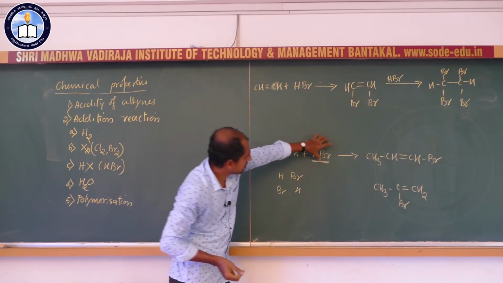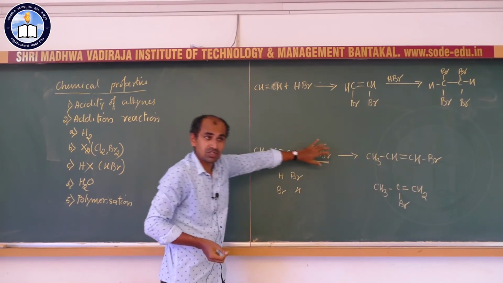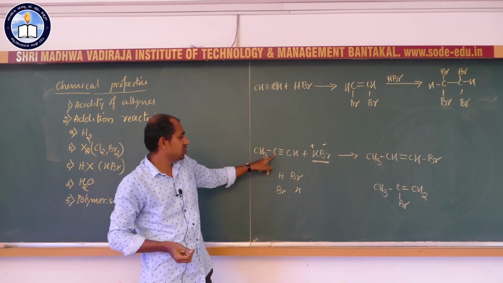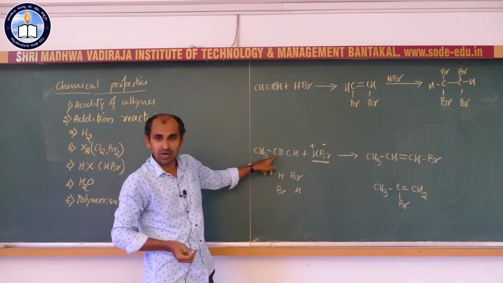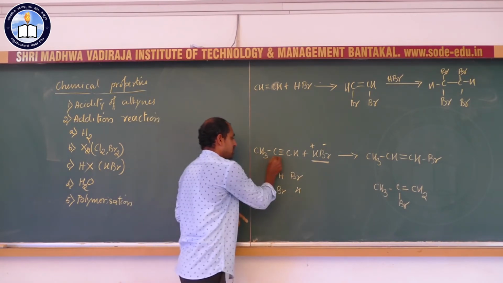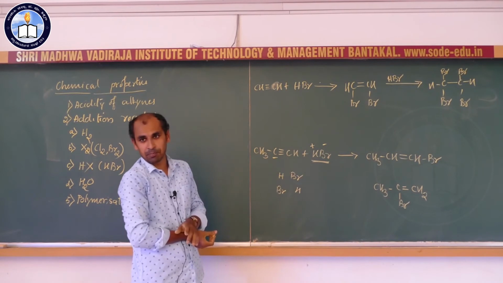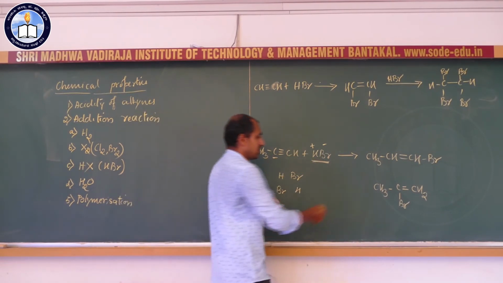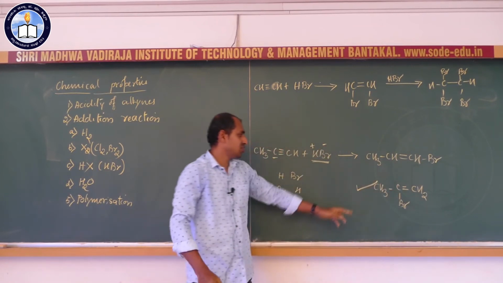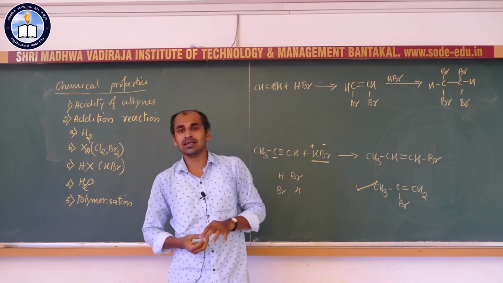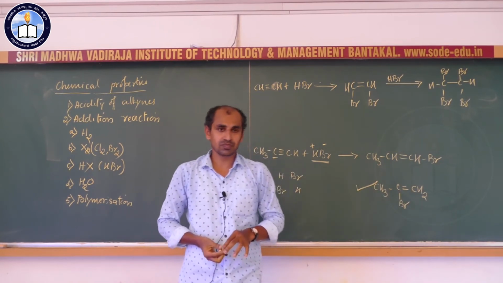So negatively charged Br should go to the carbon containing the least number of hydrogen. Here this carbon has no hydrogen, this carbon has 1 hydrogen. So the least number of hydrogen means the middle carbon atom, to which Br should be attached. Therefore, the actual product is this one, where Br is attached to the carbon containing the least number of hydrogen.